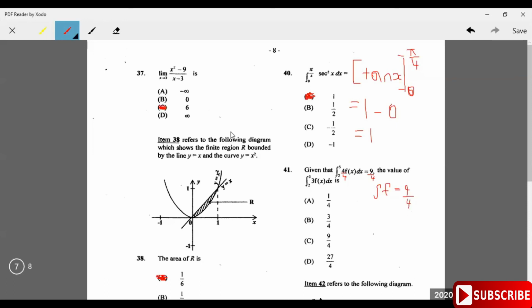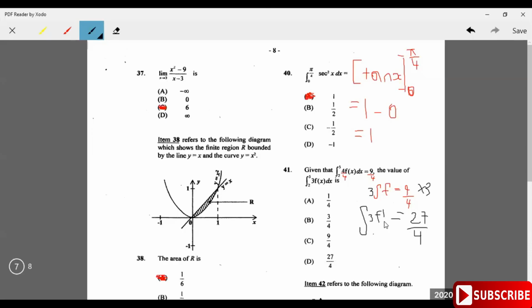And so if you multiply by 3, you put a 3 right here, and you multiply this side also by 3. So what we're then saying is that the integral of 3f of x is 27 over 4.